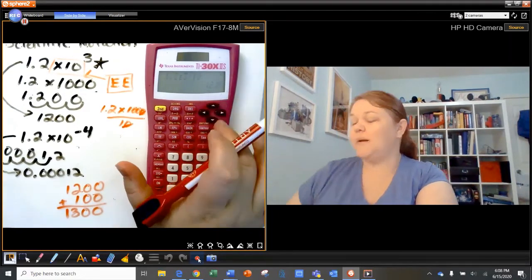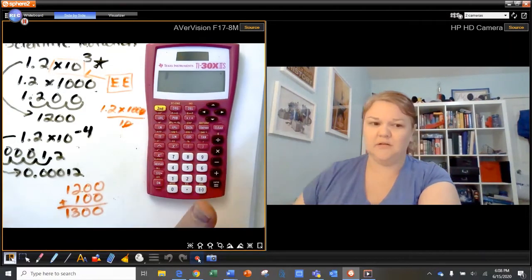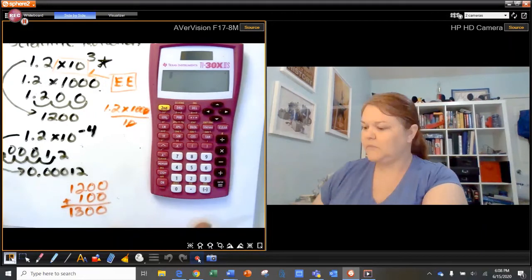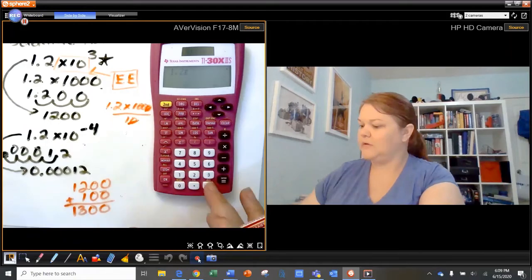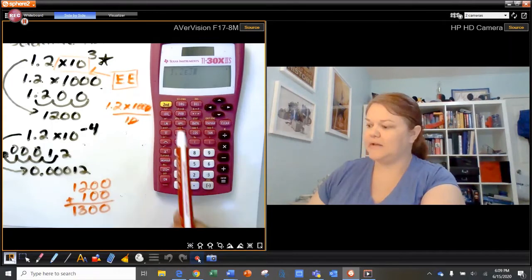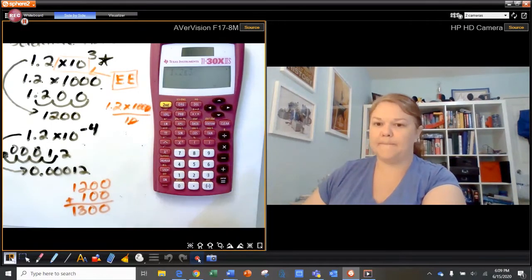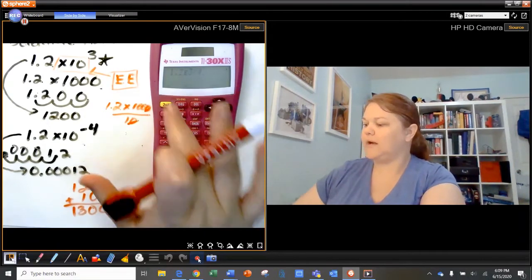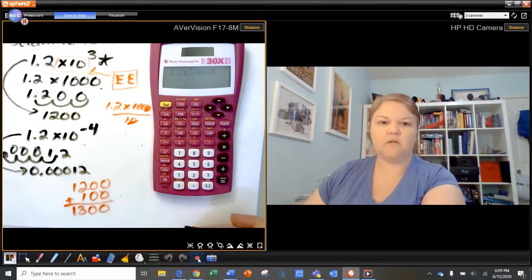Now, what if I wanted both of my numbers to be in scientific notation? Well, that's fine. Let's do this. Let's do 1.2 times 10 to the third. So keep that same number. So I hit my E to get my times 10. Now I want to divide it by 4 times 10 to the 5th.